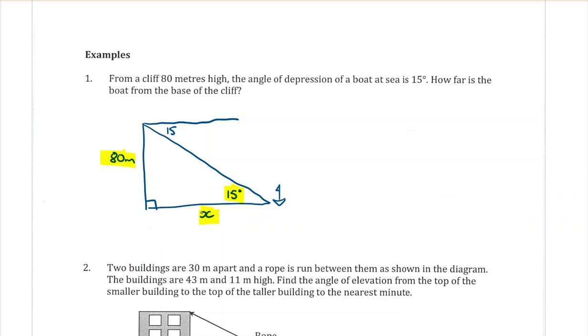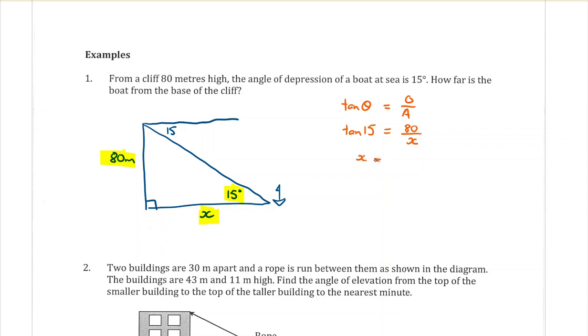So using SOHCAHTOA, which trig function am I going to use? Tan. Excellent. So I write down tan theta equals opposite over adjacent. Subbing in, tan, my angle is 15, equals opposite is 80 and adjacent is X. If X is on the bottom, that means that it's going to switch places with the tan 15.